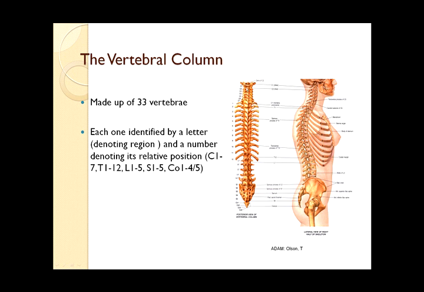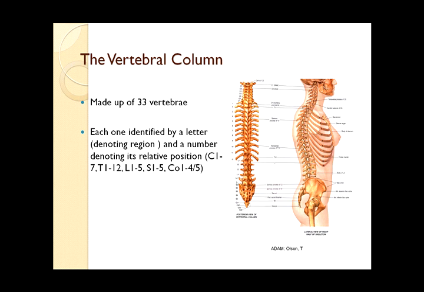Although these are the typical numbers of vertebrae, 7 cervical, 12 thoracic, 5 lumbar, 5 sacral, and 4 or 5 coccygeal, occasionally we get anomalies. The commonest anomaly that clinicians may come across is a 6th lumbar vertebra.